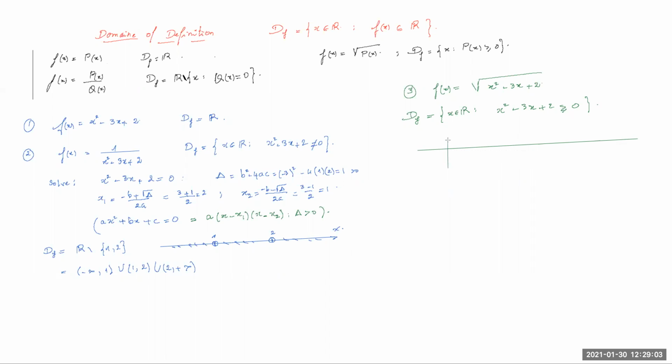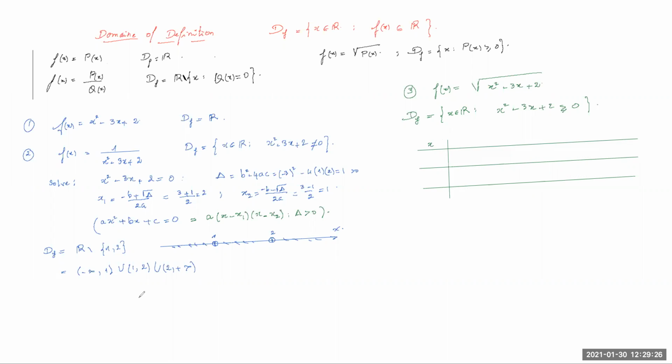So we have one factor, let's say x minus 1, the second factor, and then the product. Here is x.